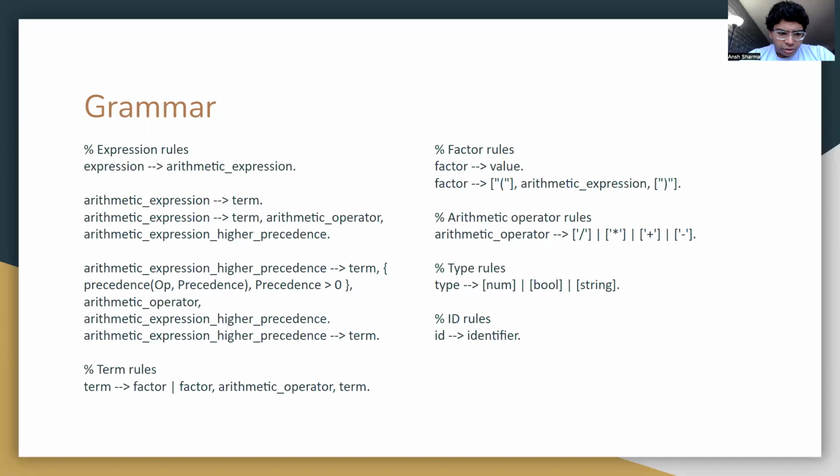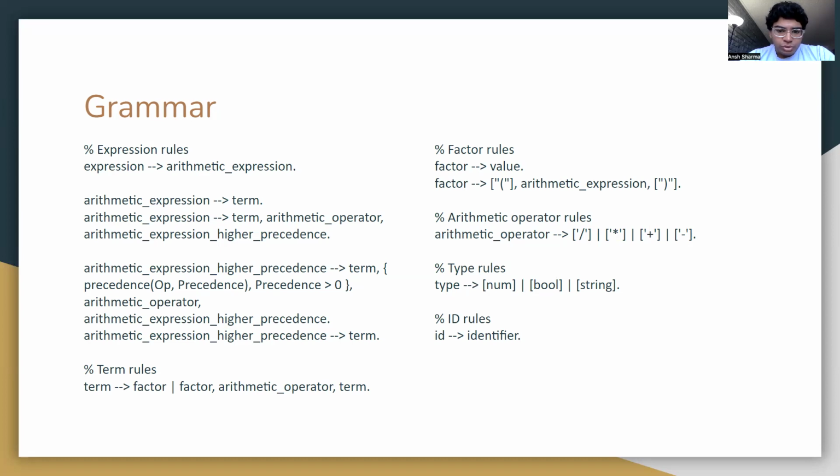If we look at the term rules over here, a term can be a factor, or a factor with an arithmetic operator and another term. For the factor rules, a factor can be a value or an arithmetic expression in itself. Basically, this allows us to have multiple values in the arithmetic expression.